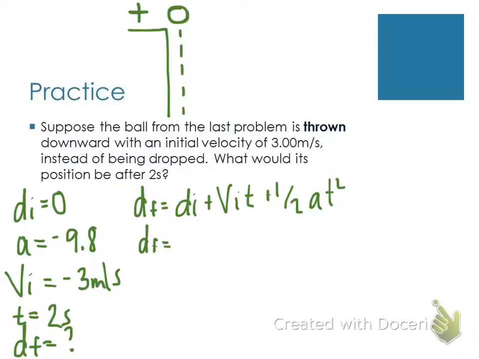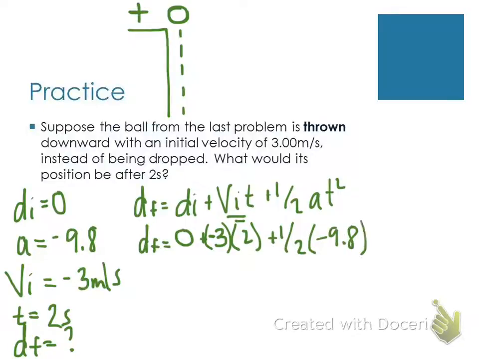Distance final is what I'm solving for. Distance initial is still 0, but my initial velocity this time is not 0. So we're taking 3, negative 3 really, sorry, times 2 plus 1/2 times negative 9.8 times 2 squared.